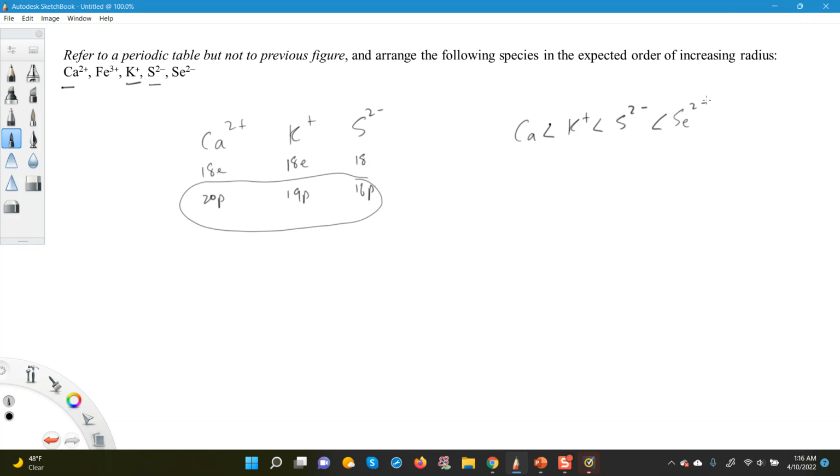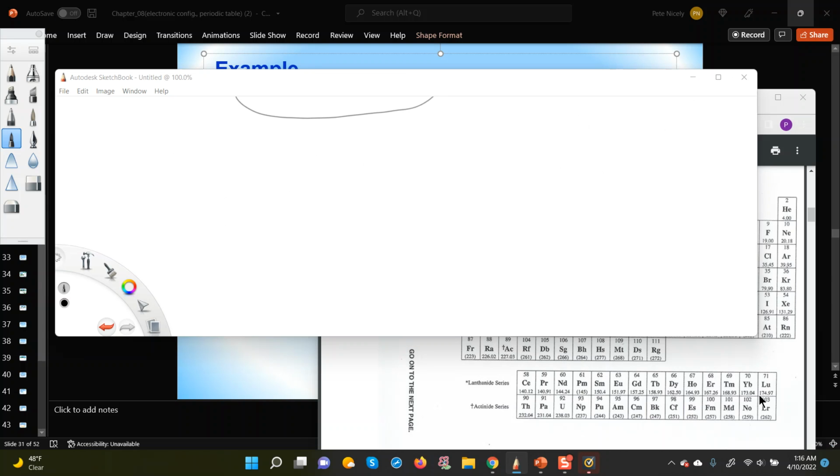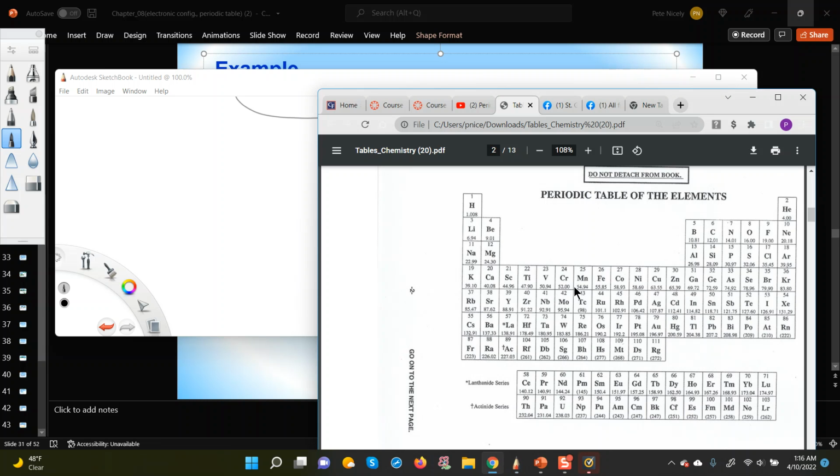All right. So the question now becomes, where will the Fe3 plus end up? Well, if you go to the periodic table again and you look at Fe right here, you see that the iron is to the right of both calcium and potassium. So what that tells me is that even with the ion itself, you'd expect that the ionic radius of Fe3 plus would be smaller compared to potassium and calcium.